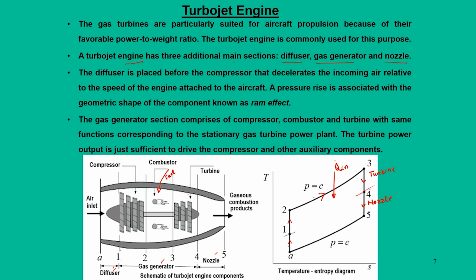Similarly, the entry A to 1 is the diffuser, and 1 to 2 is the compressor. So there are 2 expansions, but the first expansion is just to produce power, and the second expansion in the nozzle is to produce thrust, and finally the combustion product goes out at a certain velocity.